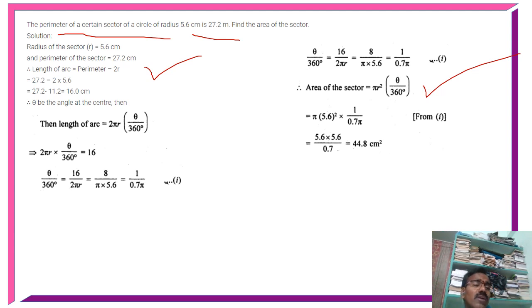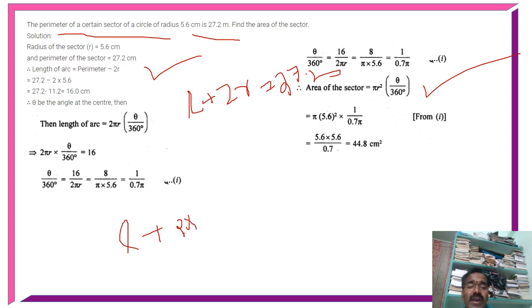But what I suggest here: the perimeter of the sector is given, the radius is given, L plus 2R equals 27.2. So L plus 2 into 5.6 equals 27.2. This method is also applicable, whatever method I am teaching is also applicable.